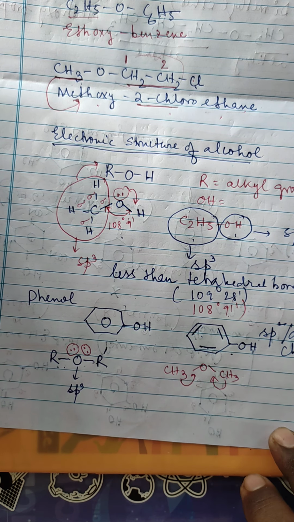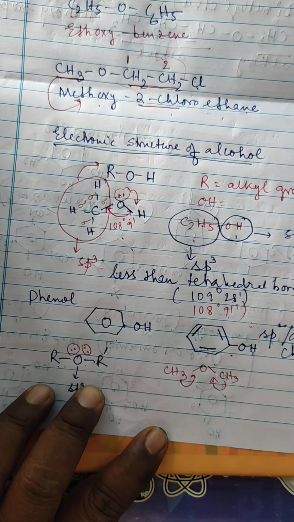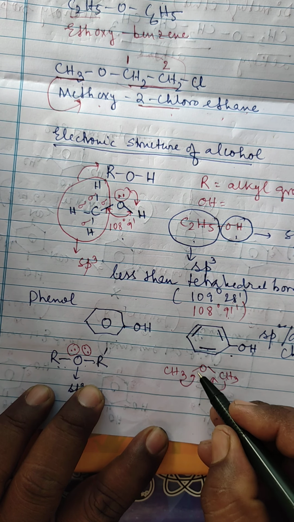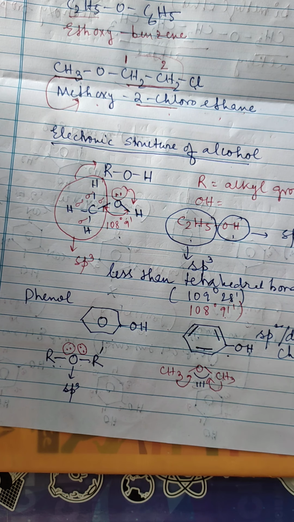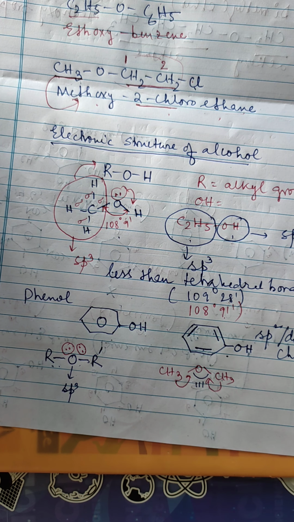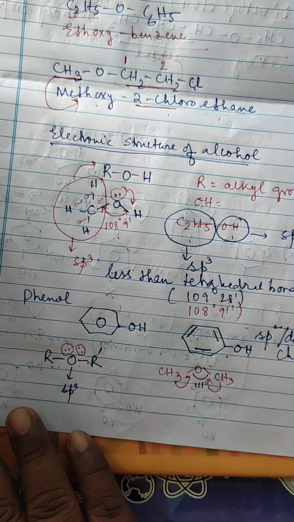So the normal bond angle, which should have been 109 degrees 28 minutes, comes to 111 degrees, right? This 111 degrees is because of the increase in the bond length. There are two alkyl groups instead of the hydrogens of water.